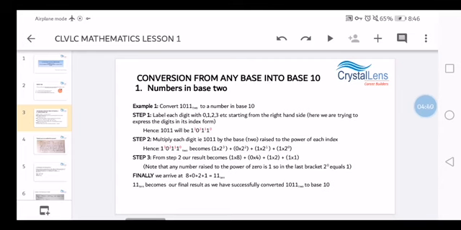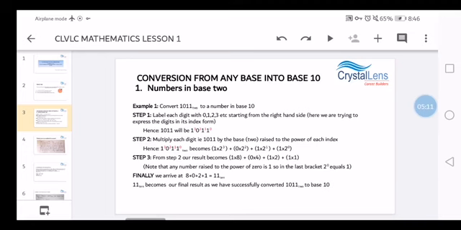So step 3, we're going to simplify further from what we have in step 2. Remember that 2 raised to power 3 is 2 times 2 times 2, which gives us 8. So from the first bracket I have 1 times 8, plus 0 times 4 because 2 raised to the power 2 gives me 4, plus 1 times 2 because 2 raised to the power 1 is 2, and then the last bracket is 1 times 1.